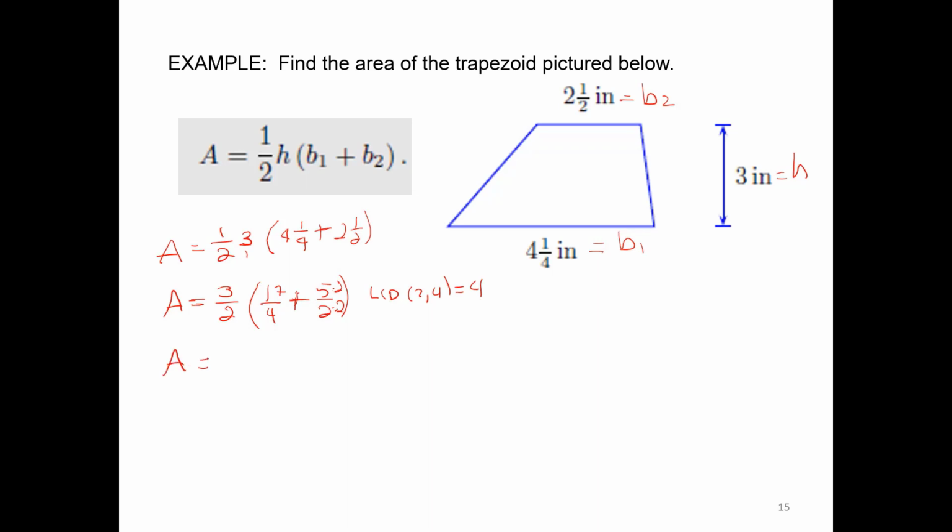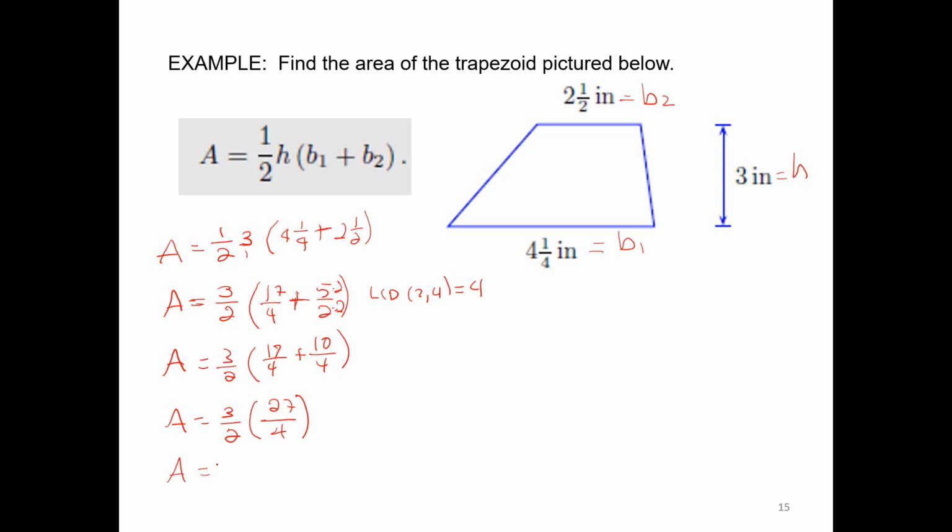Then the area equals: here we don't need to do anything, but here we need to multiply, 5 times 2 is 10, 2 times 2 is 4. Now we need to add these numbers together because we have a common denominator, so we add the numbers together and it will be 27 over 4.